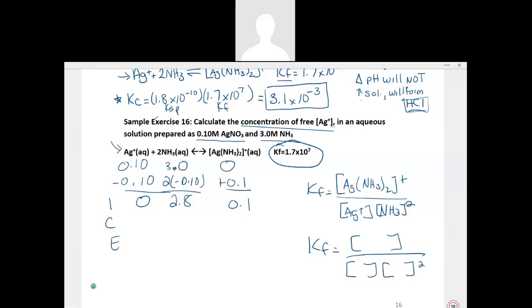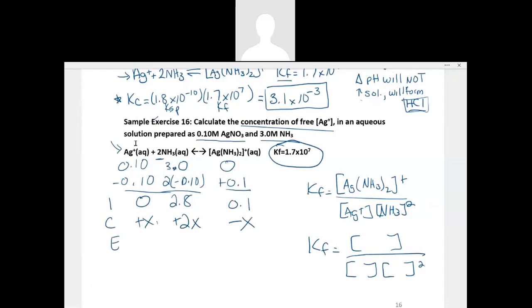We have to get our equilibrium concentrations down here before we can plug them into that equation. So what's my change? As always, we're just going to make a variable plus x here. This is going to be plus 2x because in this balanced equation, we have 2 ammonia included. And then here we're going to subtract x, so we're going in the opposite direction now.